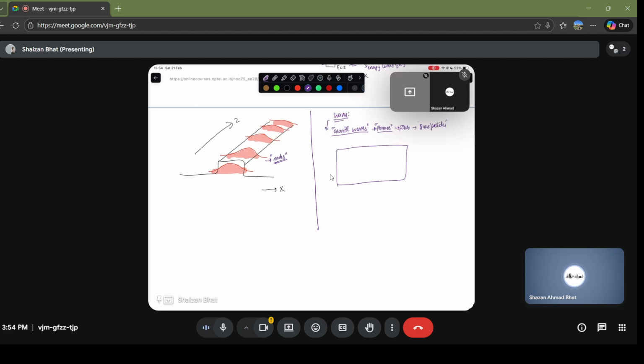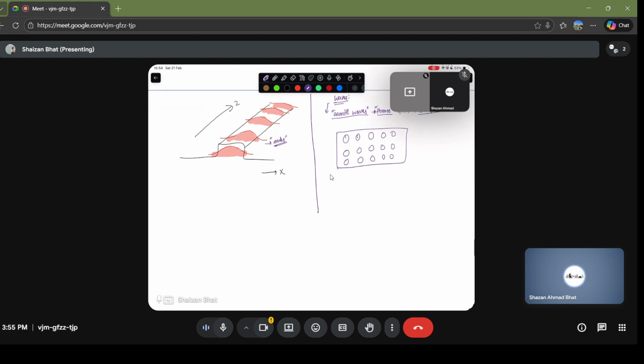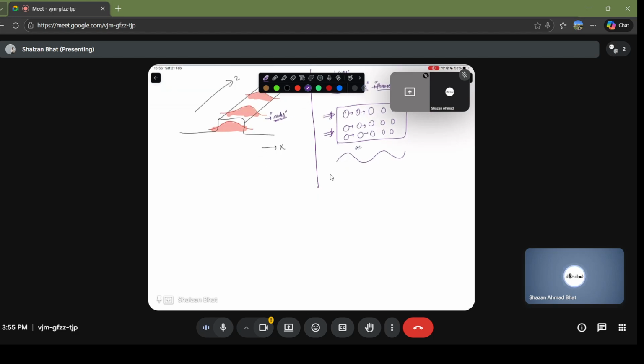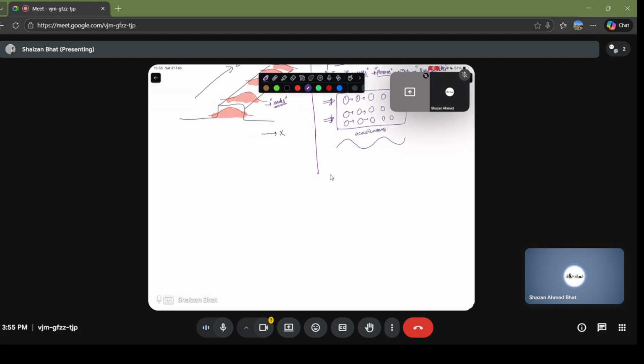It's not an exact particle, but you have the atoms, and if you give any sort of stress to these atoms, they are going to move in a wave-like fashion. It's going to form a wave like this. So this is basically an acoustic wave, and it propagates inside the medium.